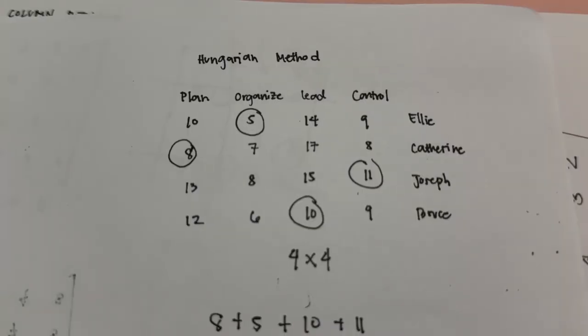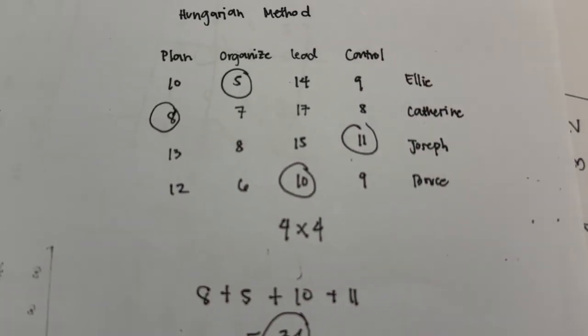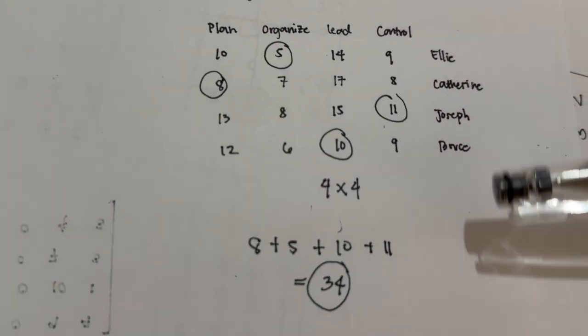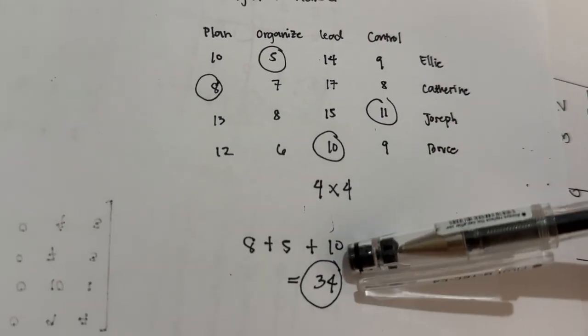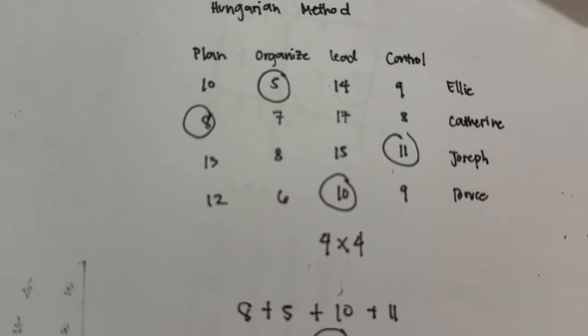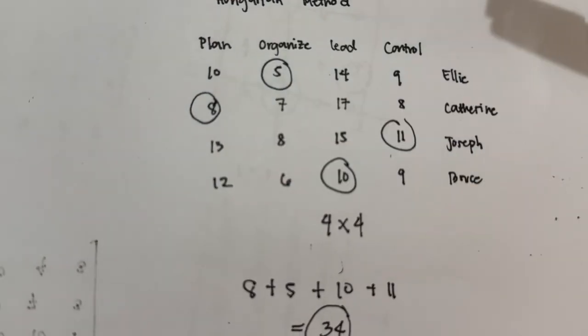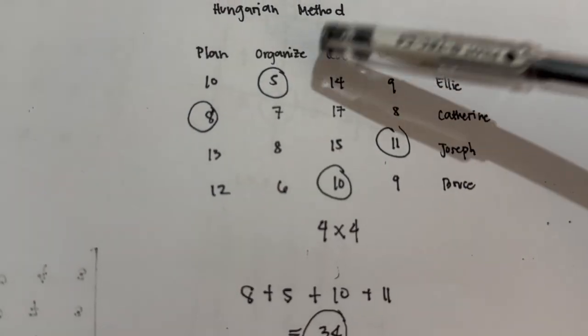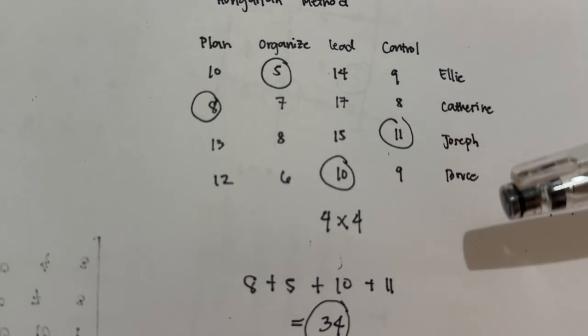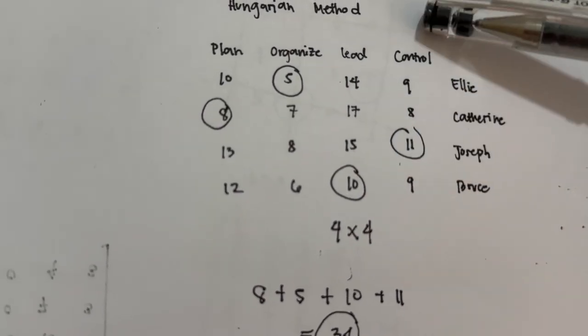And we get 34. For a more specific answer, we can specify that the optimal matching goes like this. So the total completion time that we can get, the lowest value is 34. If we have Catherine working on the planning for 8 units of time, and then Ellie 5 units of time for organizing, Bruce 10 units of time for leading, and Joseph 11 units of time for control.